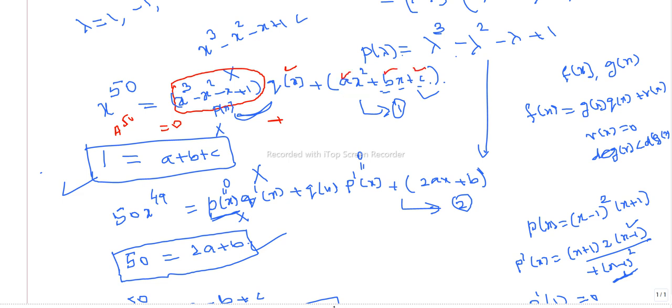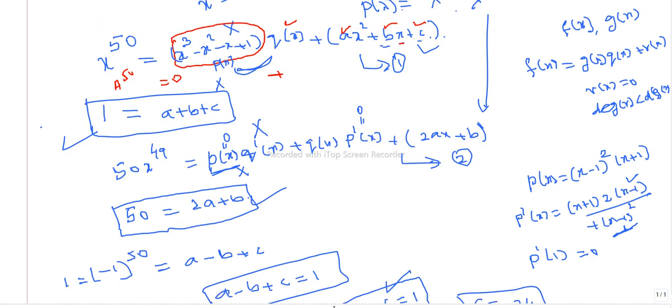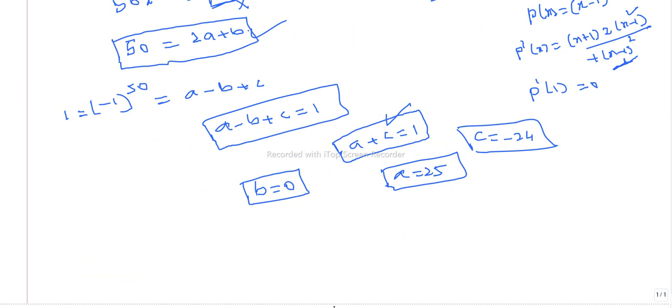You can easily find A square. So finally we get A power 50 equal to a times A square plus b times A plus c times identity.